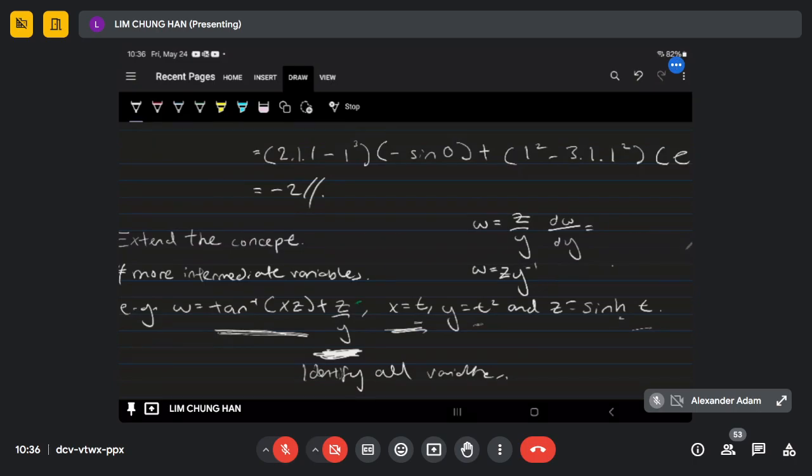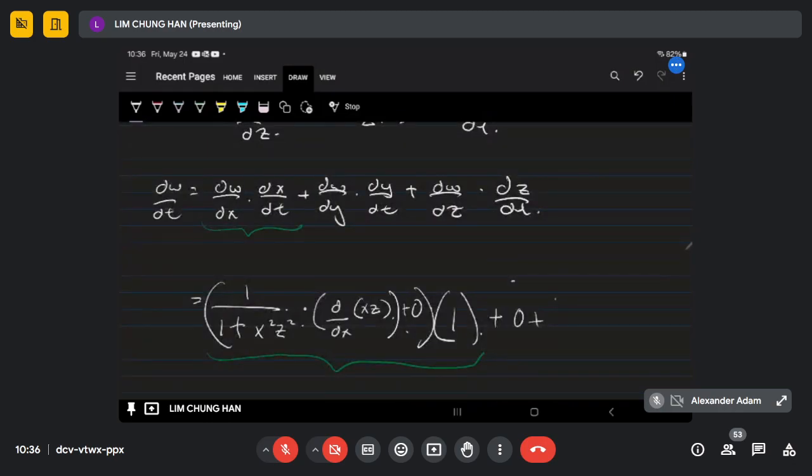Okay? So then dw dy is what? If y is to the power -1, it's negative, z is a constant, y to the power negative 2. Rearrange, you get negative z over y squared. Agree? Agree.